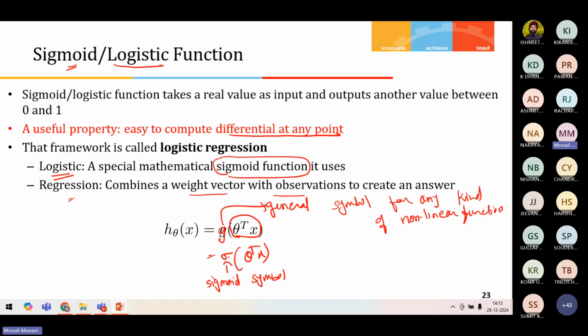Sigmoid is a very specific function when we write it, but you can also write a general G. If you see a neural network, we write G because there are many such hypothesis functions which take this weighted combination of input and then transform it. We need a non-linear transformation. So that's how it is used. The symbols and the jargon are used like that.